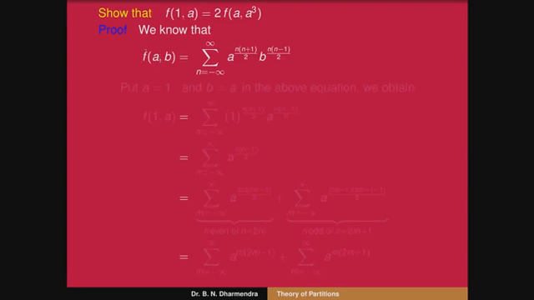So in this equation, we get f(1, a) when I replace a by 1 and b by a.